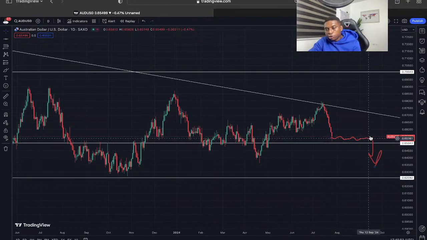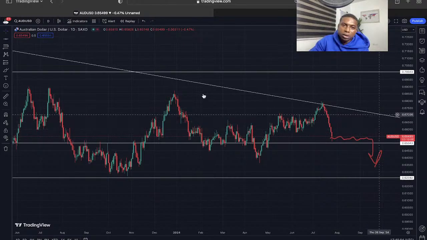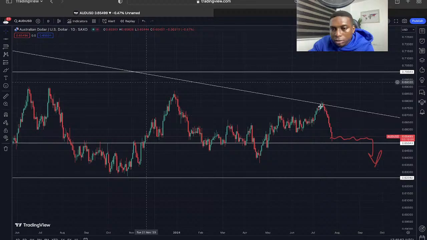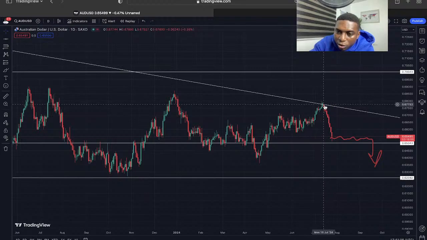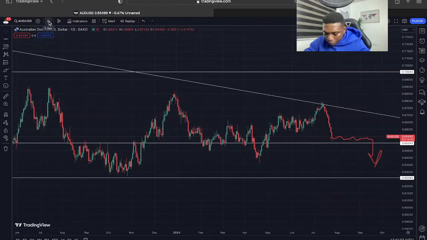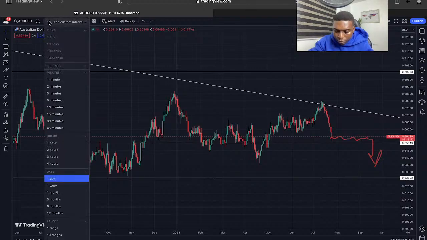But for what we can see now, price was rejected from this resistance zone. Now let's go down to the 4 hours time frame.